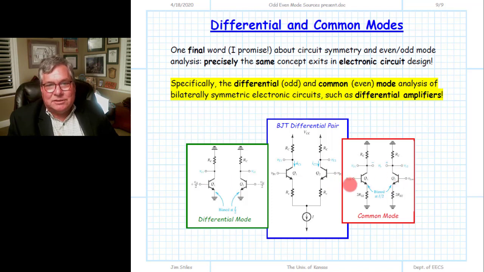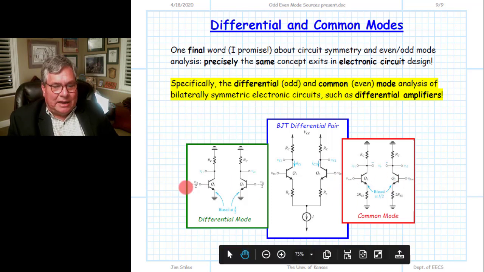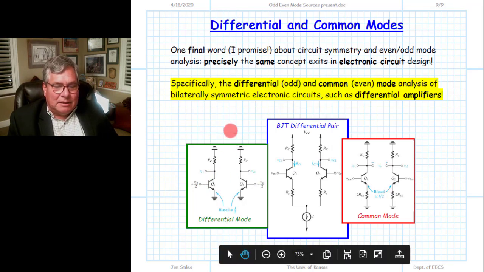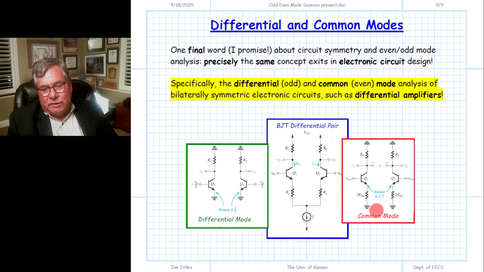common mode sources, even mode sources, and differential mode sources, and do an analysis where, for the differential mode, you have a plane, a virtual short, between them, and for the even mode, or common mode, analysis, you have a plane which is a virtual open.